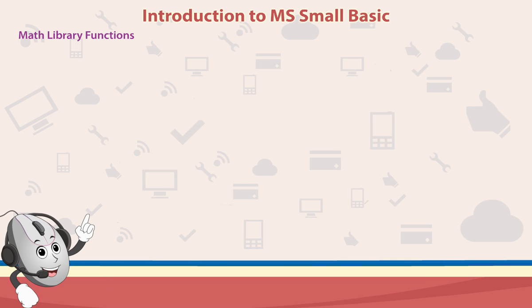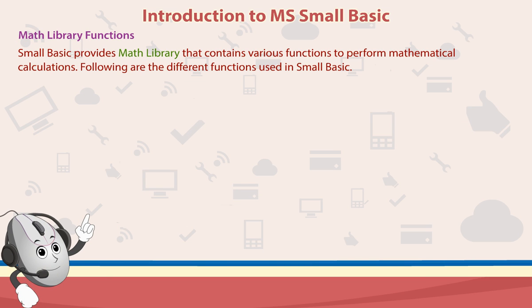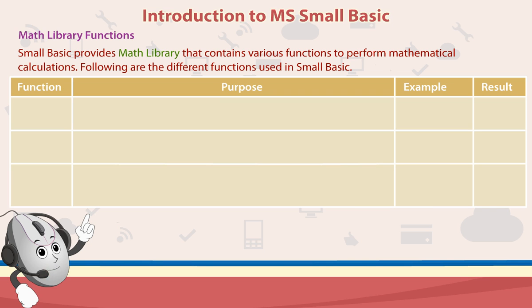Math library functions. Small Basic provides a math library that contains various functions to perform mathematical calculations. Following are the different functions used in Small Basic: function, purpose, example, result.